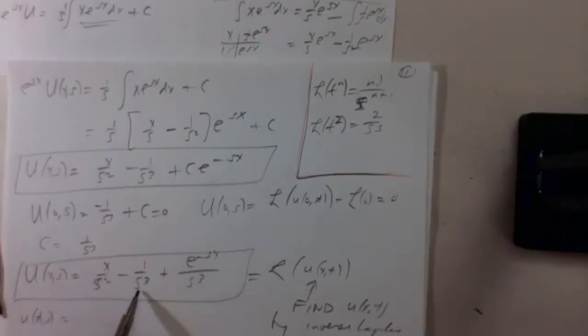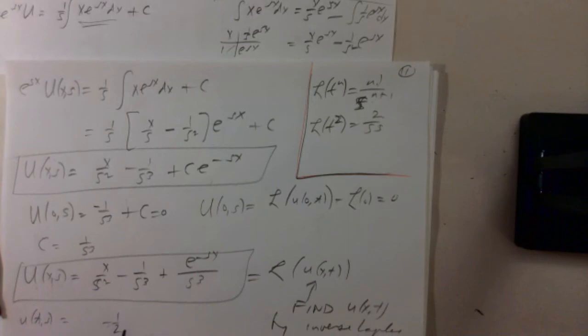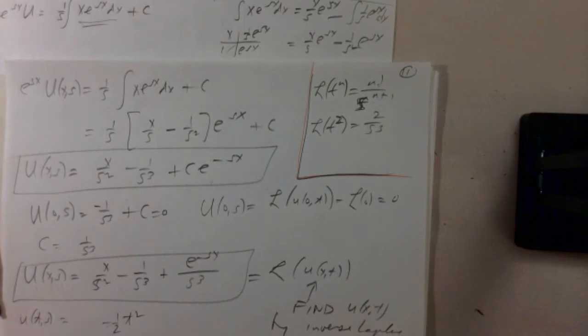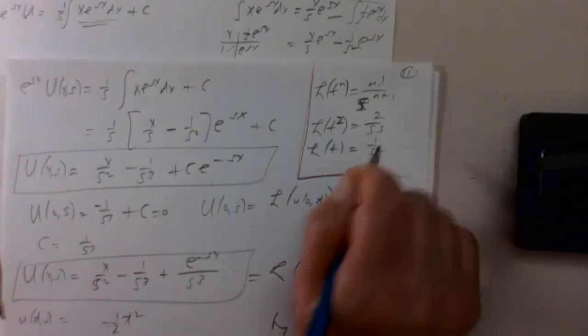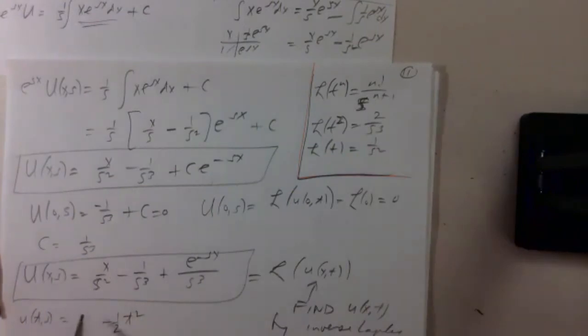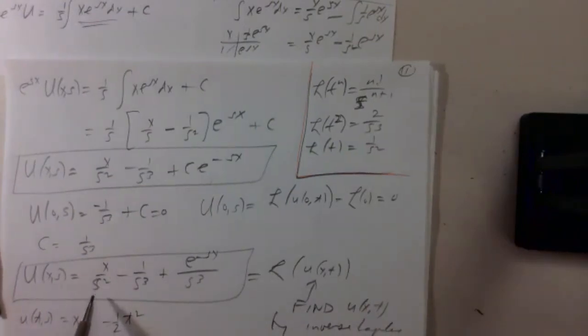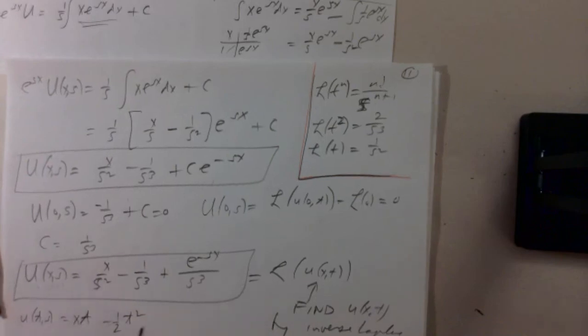So for 1 over s cubed, this is minus a half t squared. The Laplace transform of t is 1 over s squared. So this is x, the inverse Laplace transform of 1 over s squared is t.